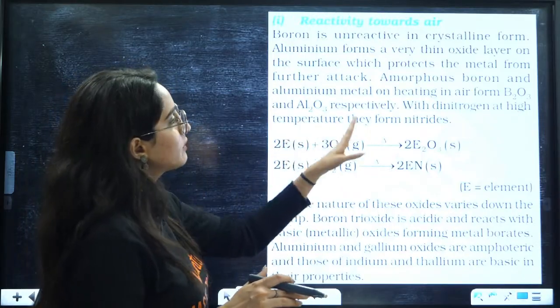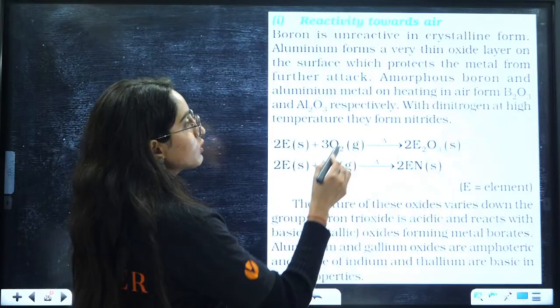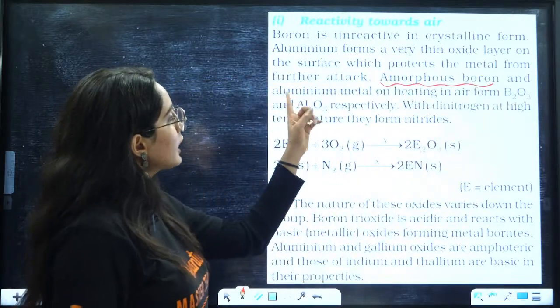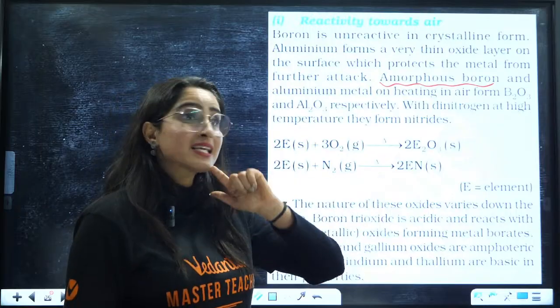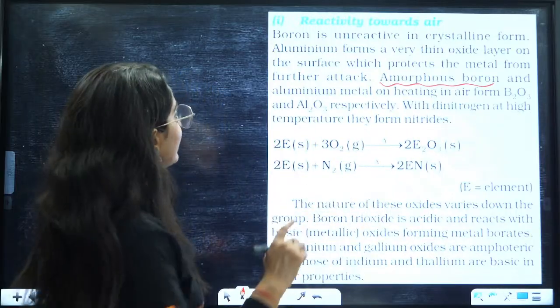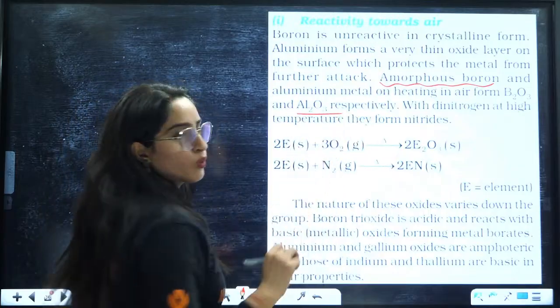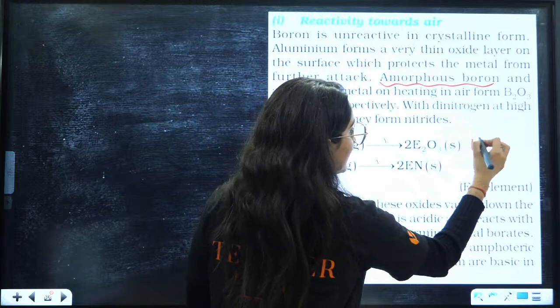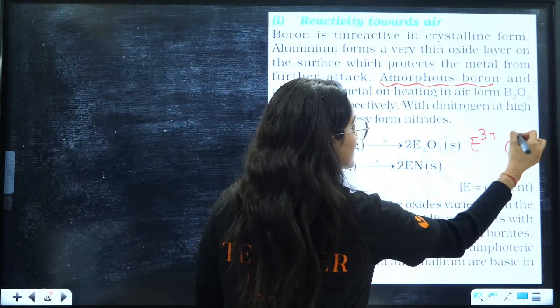Amorphous boron and aluminium metal, if you talk about amorphous boron, not crystalline, and aluminium metal, when heated in air form B2O3 and Al2O3. That means here, E is having +3, O is having -2.